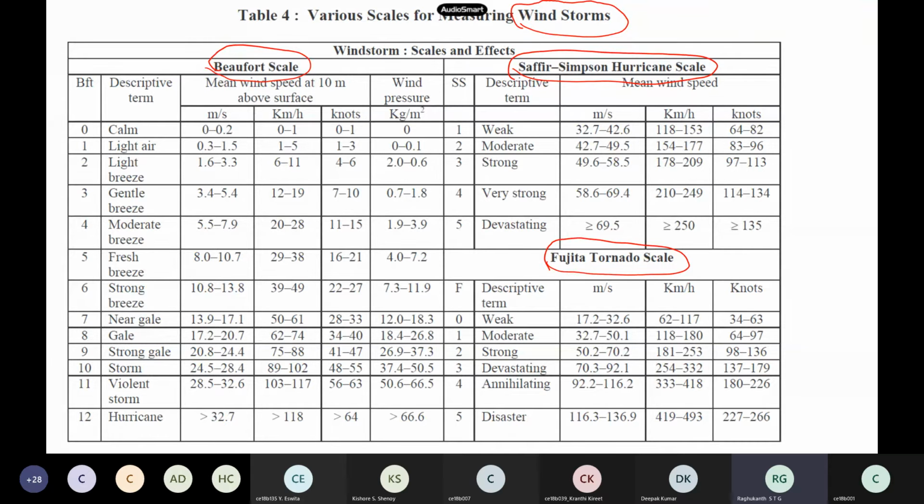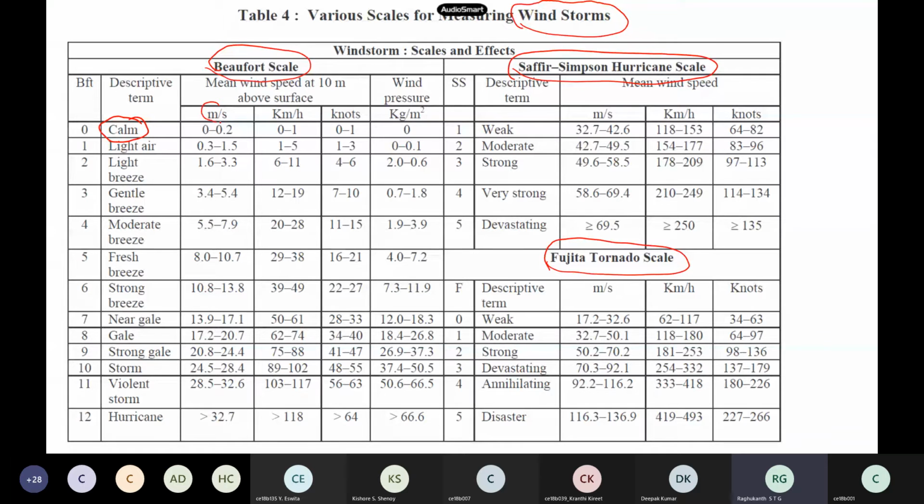So now you can define what we mean by calm wind actually. What is the speed for a calm wind? Slow, very calm. Now see this table and tell me what the velocity is.